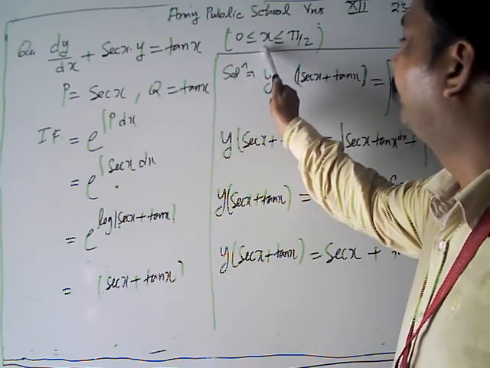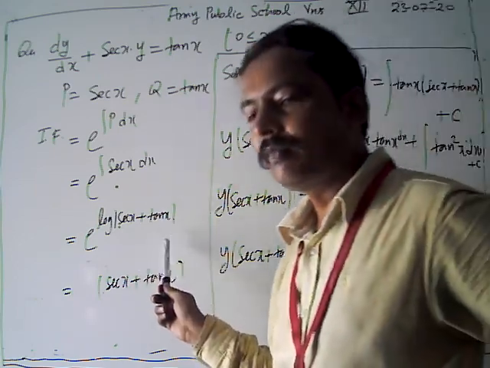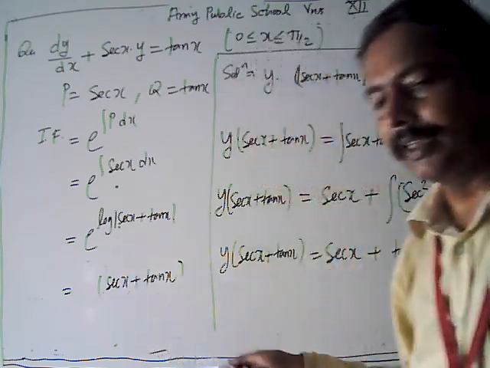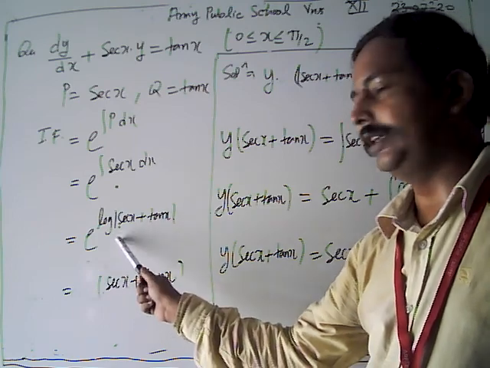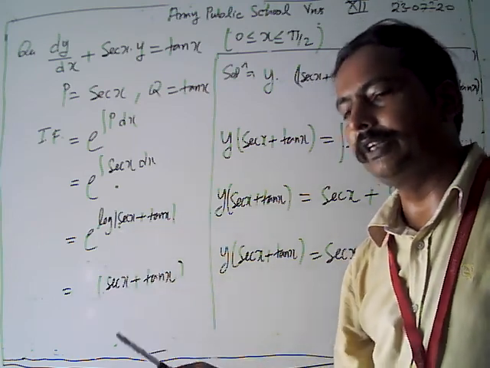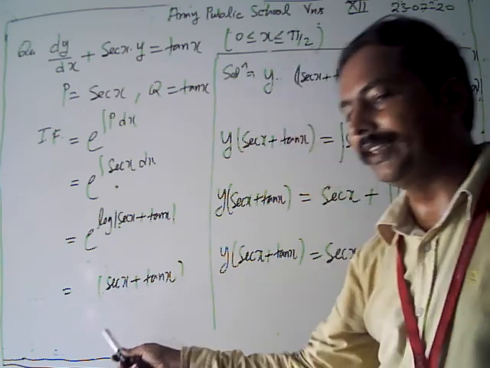Here we are given that x lies between 0 to pi by 2, and obviously both sec x and tan x are positive in the first quadrant. So we have only taken the modulus, and since it is positive, we write only sec x plus tan x.